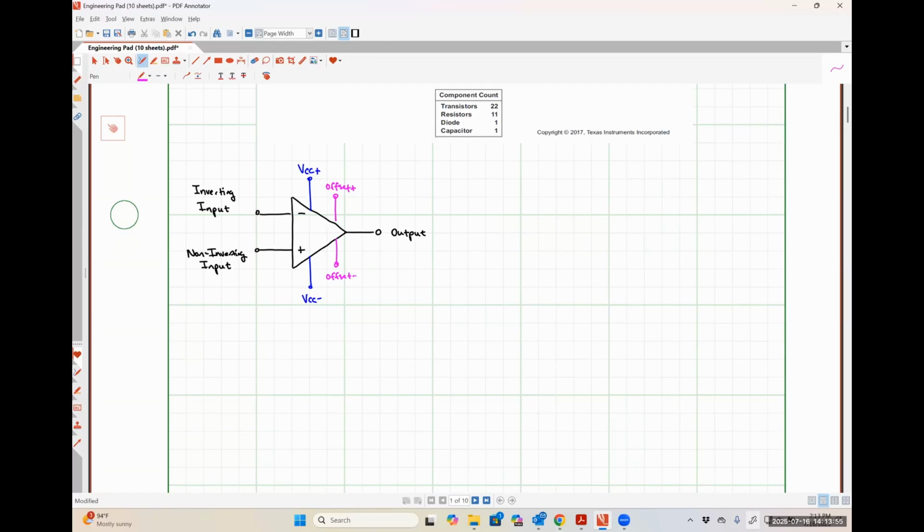Okay. So an op amp package nowadays typically looks something like this. You'll have this kind of plastic enclosure type thing, like so.